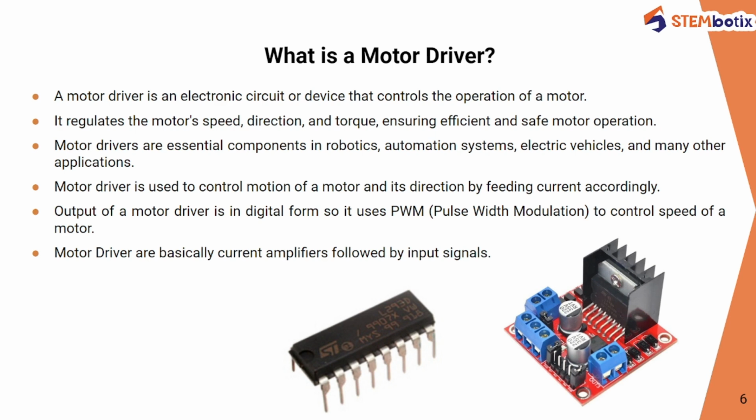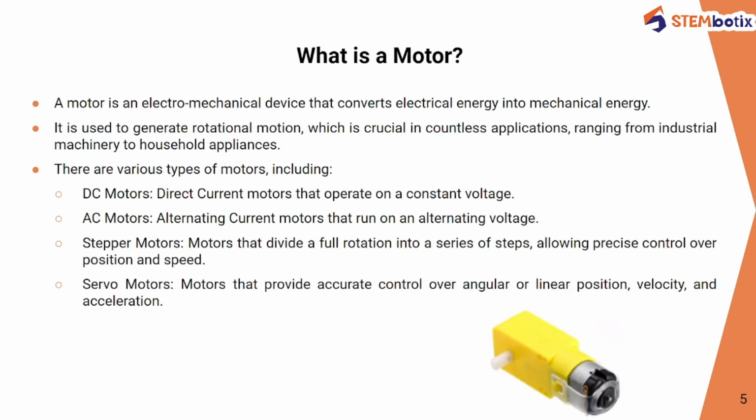So the basic use or application of a motor driver is to regulate the motor's speed, direction and torque, ensuring efficient and safe motor operations. And these are the different motors and their application areas. For example, they can be used in lifting gears, conveyors, compressors, pumps.